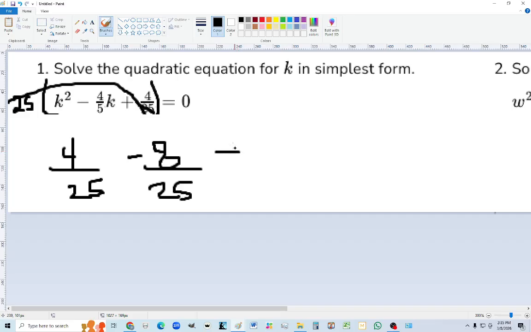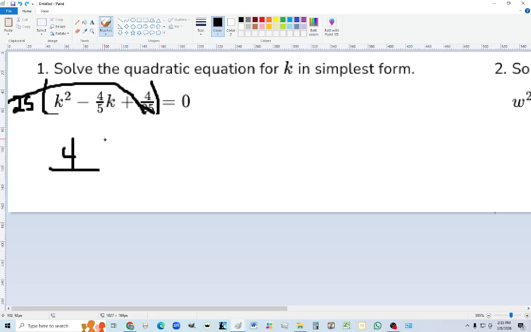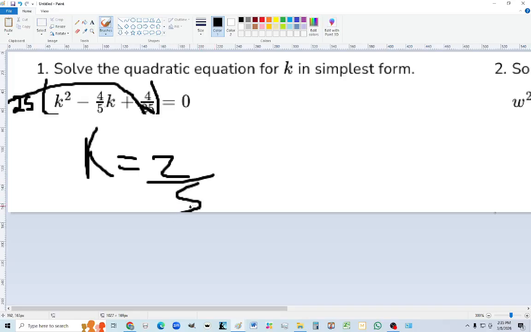And this one doesn't have a k, plus 4 over 25. We can see 4 over 25 plus 4 over 25 is 8 over 25. 8 over 25 minus 8 over 25 is 0. So the answer for this is k is equal to 2 over 5. They're all going to be solved like that.